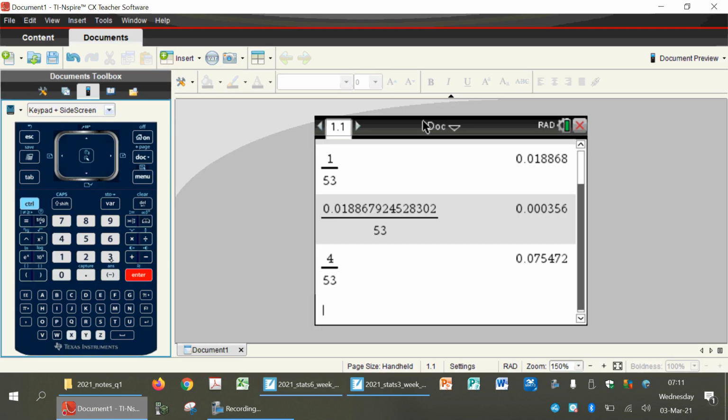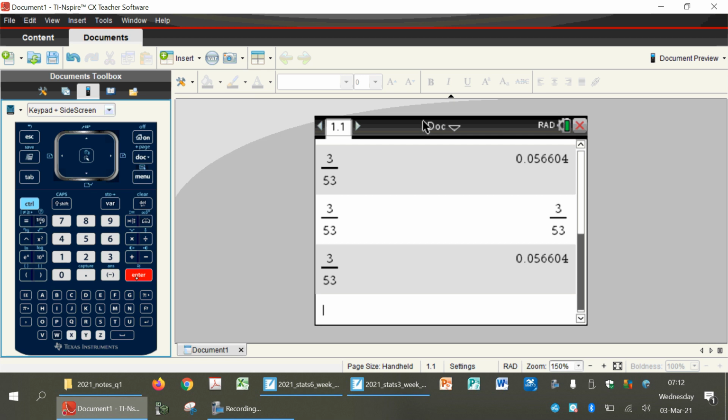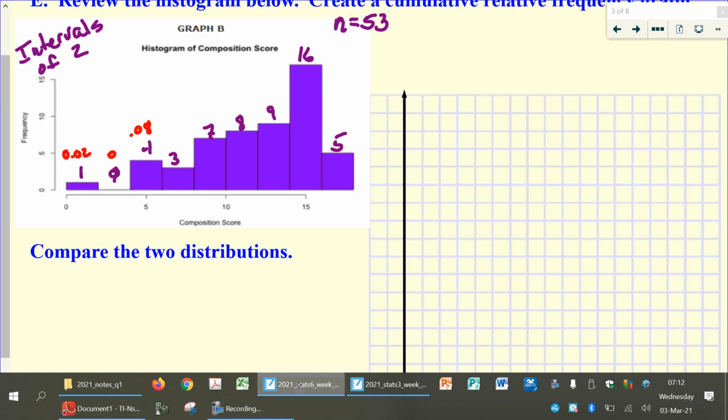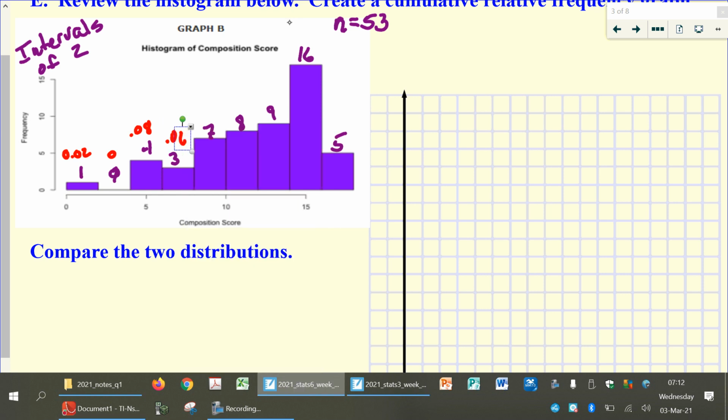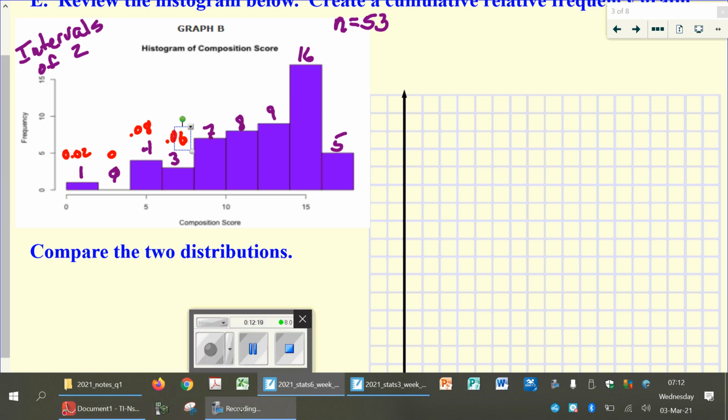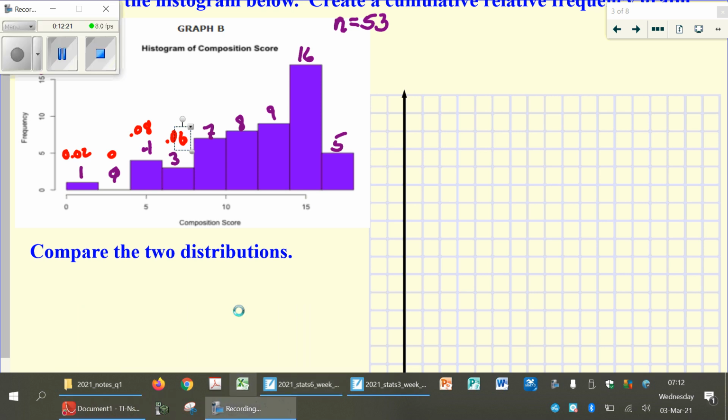And 3 divided by 53, 6%. We're going to continue doing those and finding all of those relative frequencies.